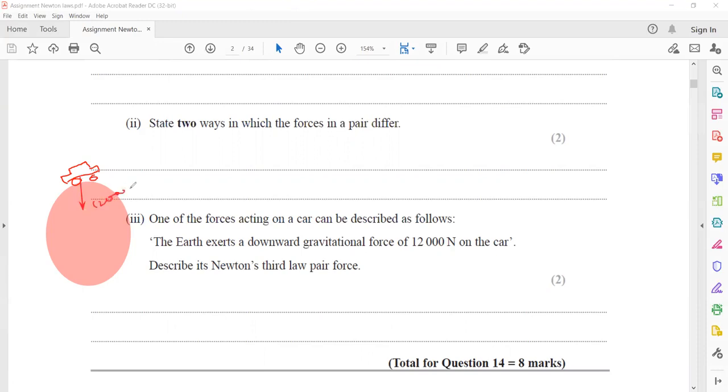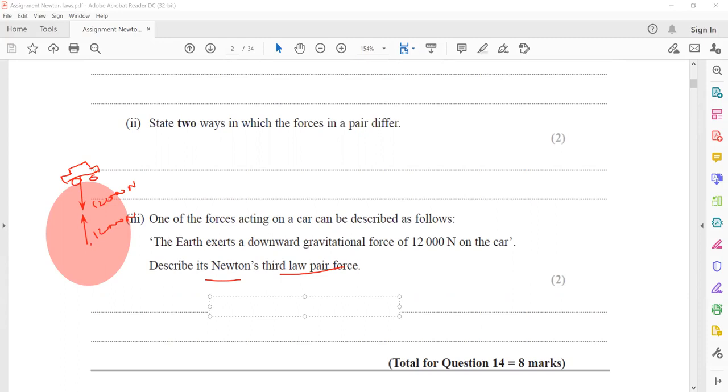So what will be the pair force? The car will also pull the earth with the same force but in the opposite direction, so it will also be 12,000 newtons. So how do we describe the third law pair force?